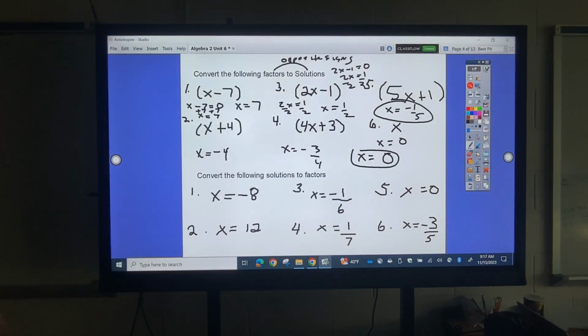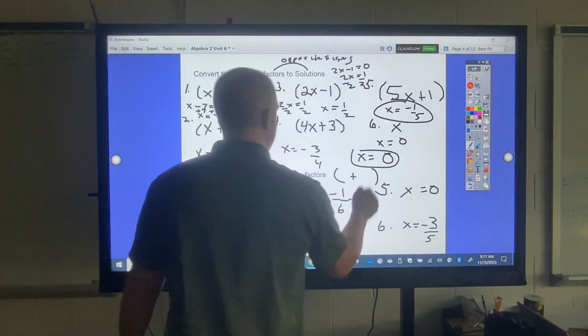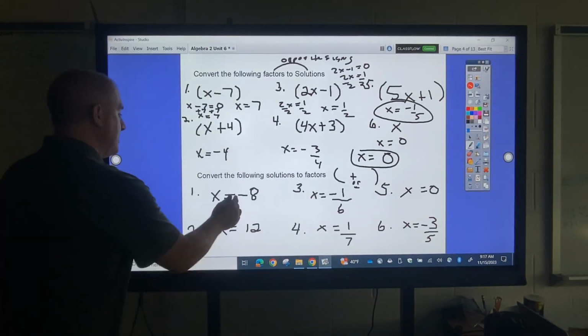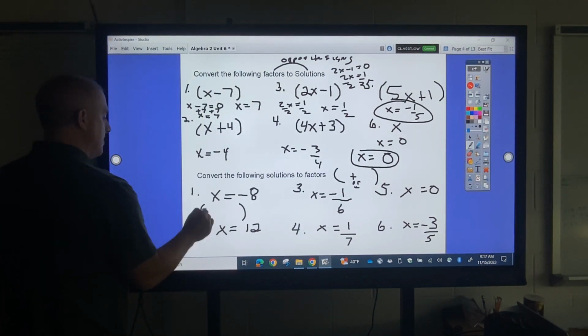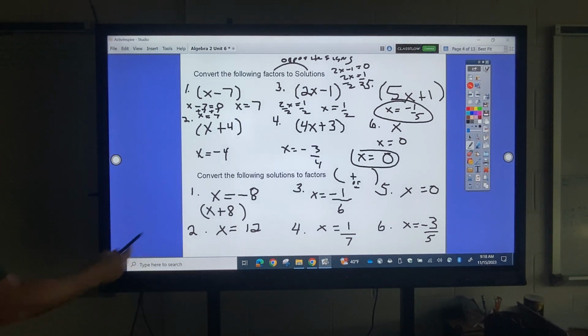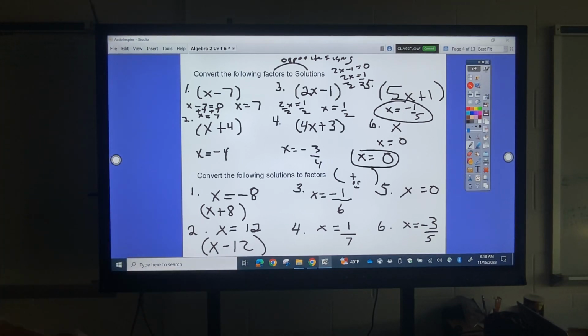Now, to convert back to factors. The idea is a factor has a parenthesis with a plus or a minus in between. So the factor would be x plus 8, the opposite sign. The factor for this would be x minus 12, opposite sign.